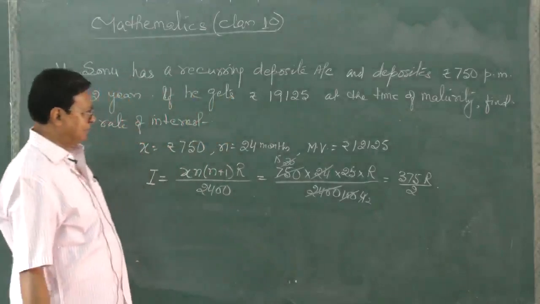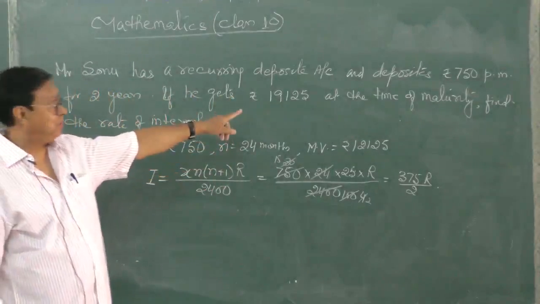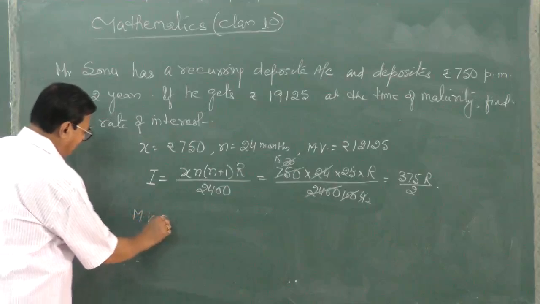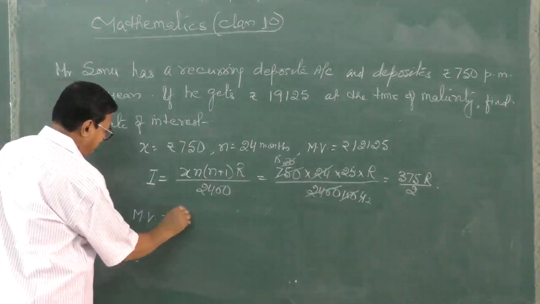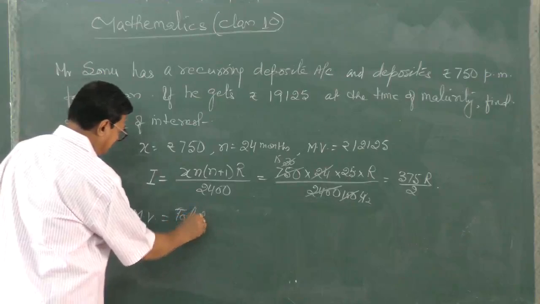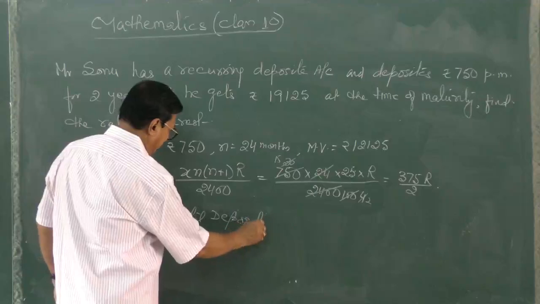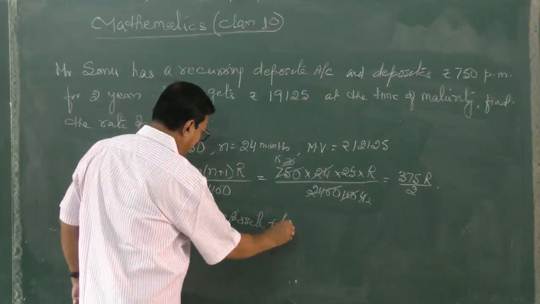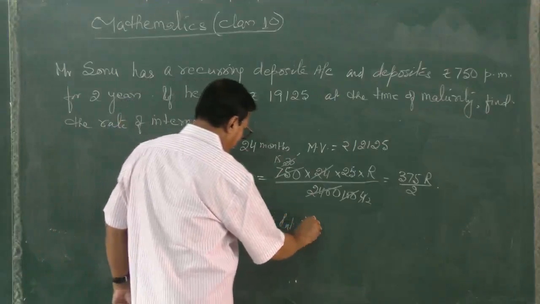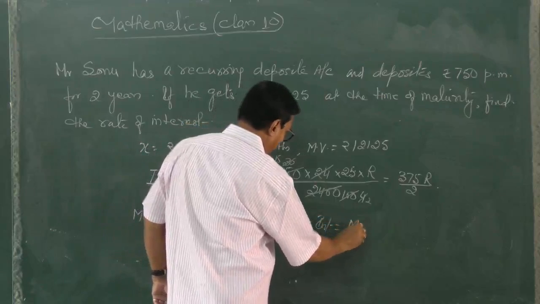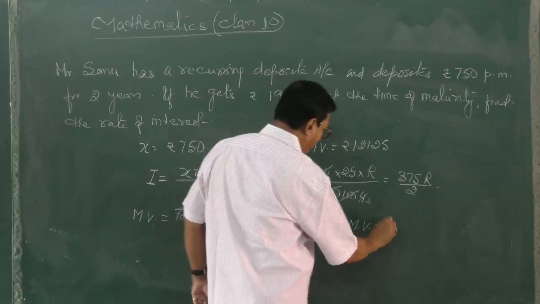Now this is the interest. What is given is maturity value. So I said maturity value is total deposit plus interest. So this implies interest is maturity value minus total deposit.